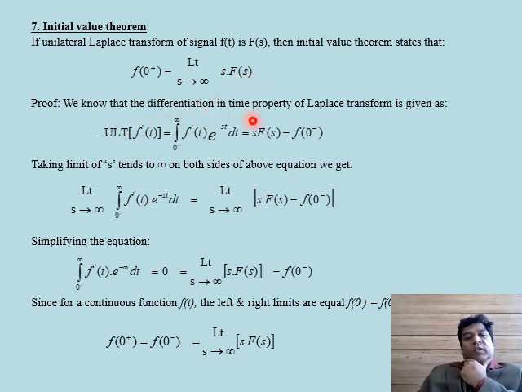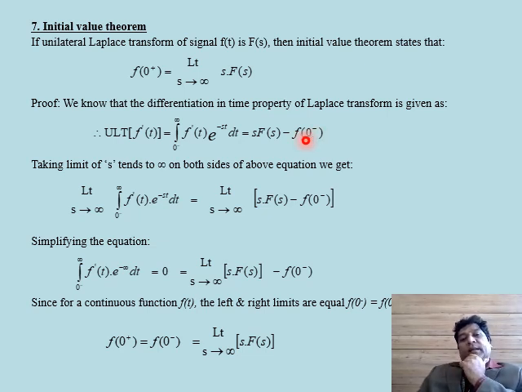So from the differentiation property we know the ULT of the derivative f'(t) is the integral 0 to infinity f'(t) e^(-st) dt, and that is given by the differentiation property as s F(s) minus f(0⁻).